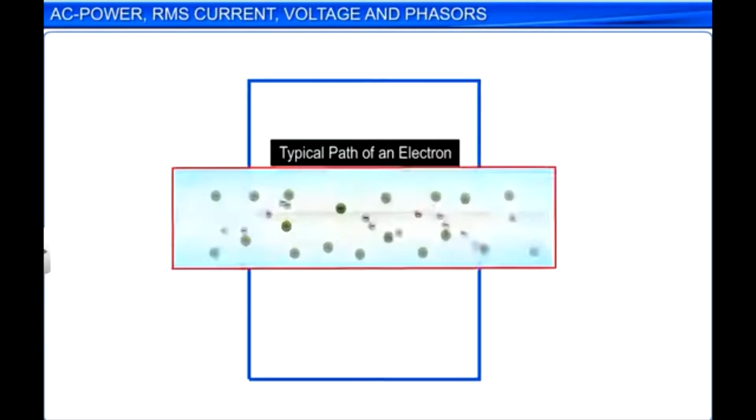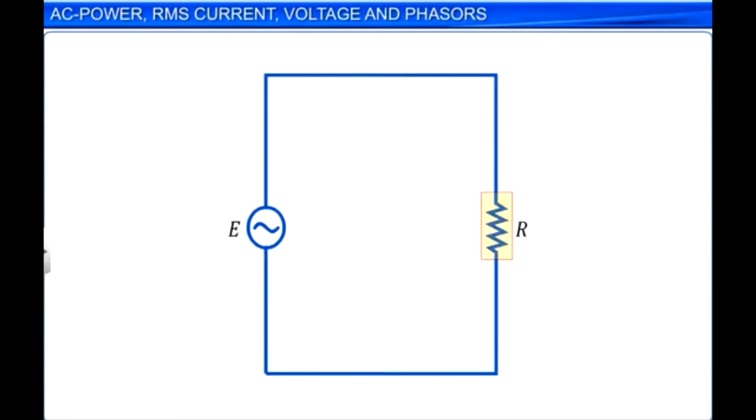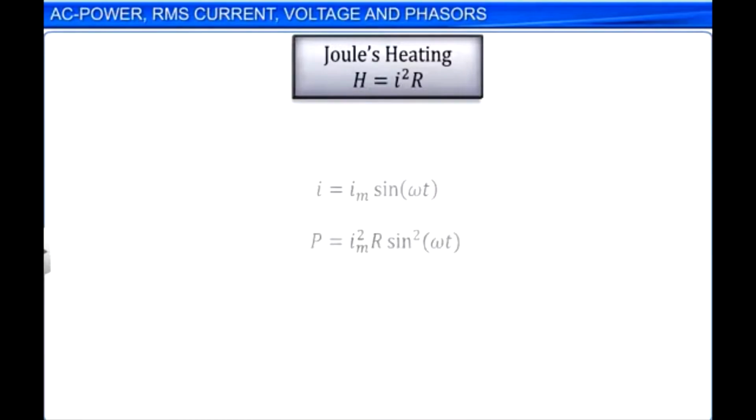This is due to the collision of electrons with other electrons and atoms, and the constant acceleration and deceleration of electrons due to a reversal in the direction of the flow of current. This heat dissipation across a resistor due to the electric current through it is also known as Joule's heating, which is expressed as I square R. The instantaneous power dissipated in the resistor is I square R.